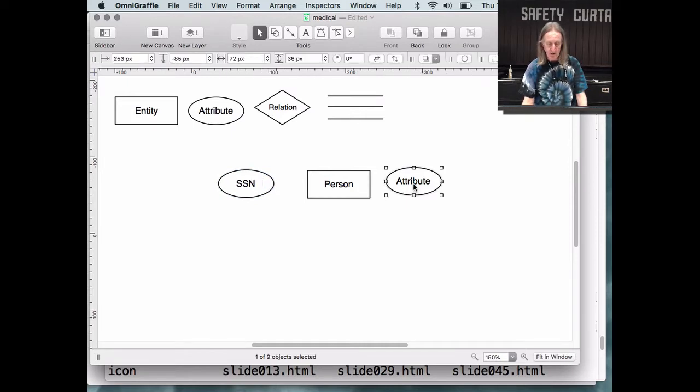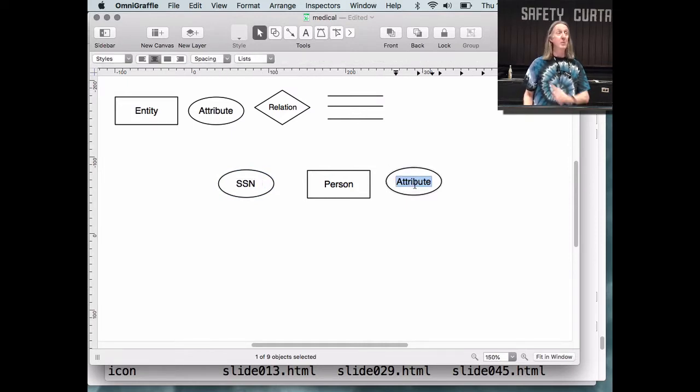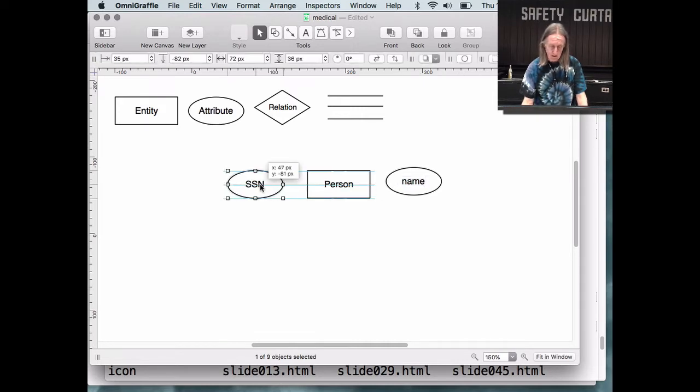Every person has a social security number, which importantly is unique, therefore giving us the key, and a name, I believe. And we need to try and do this as quick as I can.